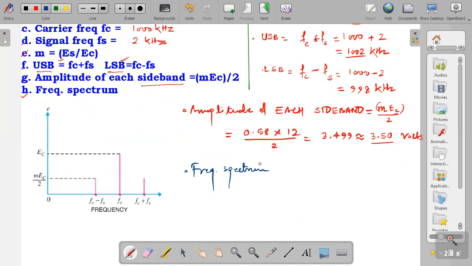First draw the x-axis. The x-axis is your frequency.